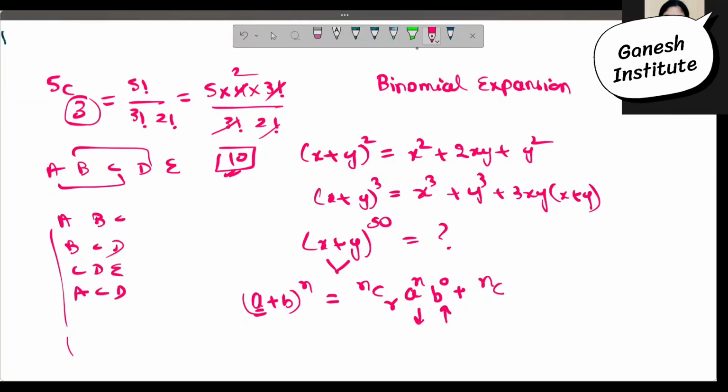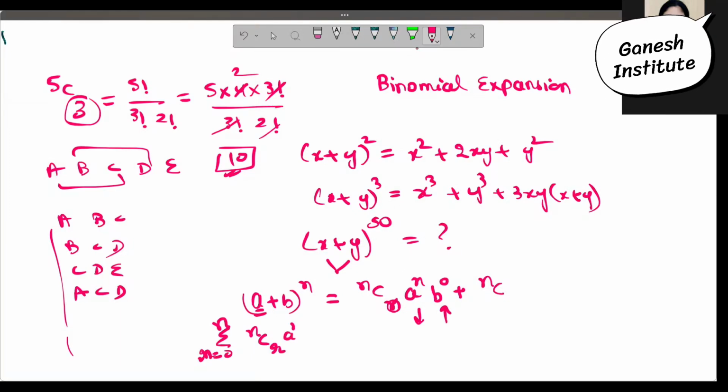So R is going from 0 to n, NCR, a raised to power n minus R, and b raised to power R. So you will keep increasing.